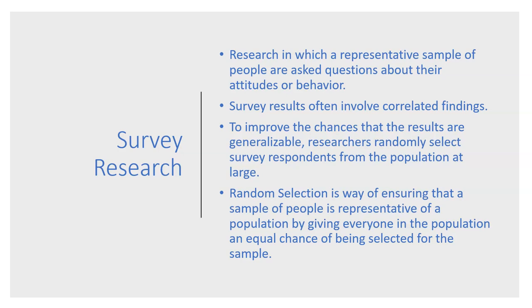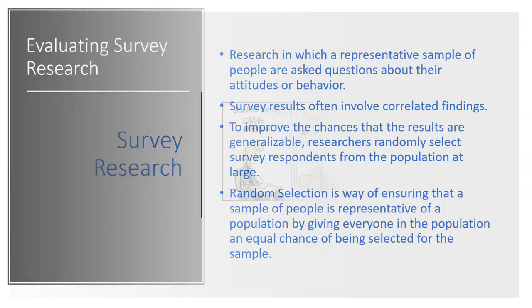Sometimes you can pull it off, but it is tricky. Why is random selection the goal? It's one of the only ways we have of ensuring that a small group of people is representative of a larger population, so that we can make conclusions about how predictive models are, how strong they are, how robust they are in helping us understand behaviors that we're interested in.